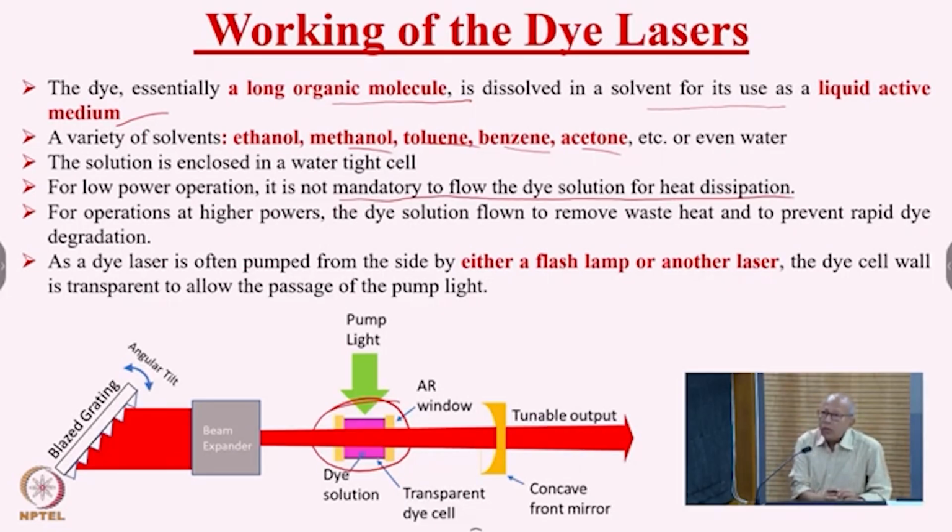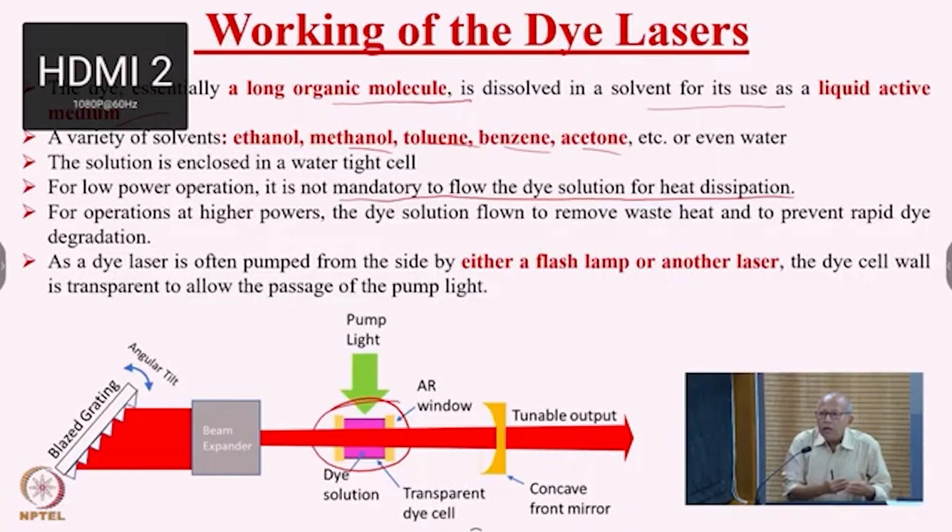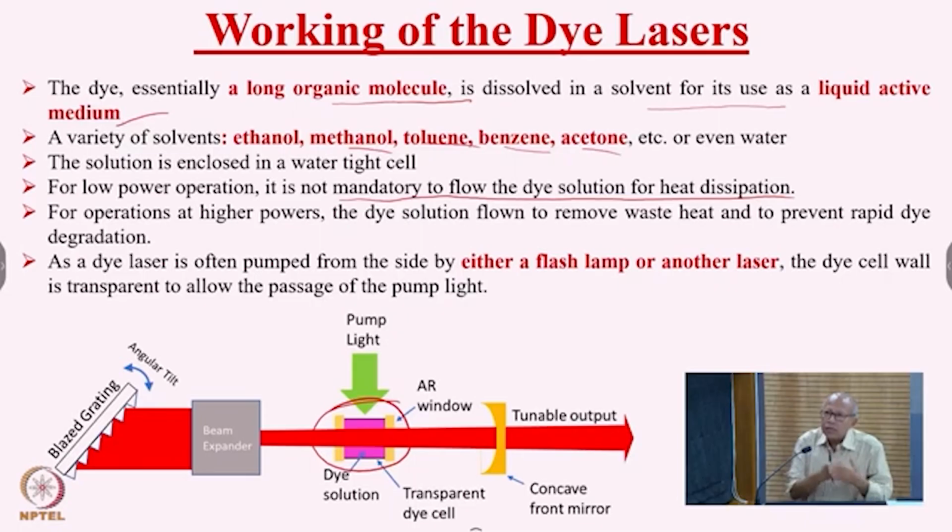As you know, in the operation of any laser, only a fraction of the light that is pumped in is emitted as the laser photon. The rest of the energy stays back in the system. It is eventually dissipated as heat and increases the temperature of the lasing medium. The same thing happens for a dye laser also.